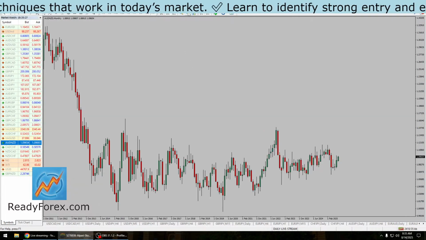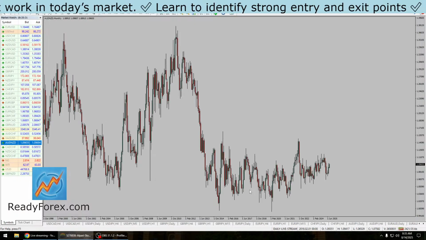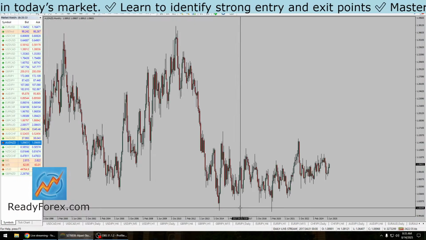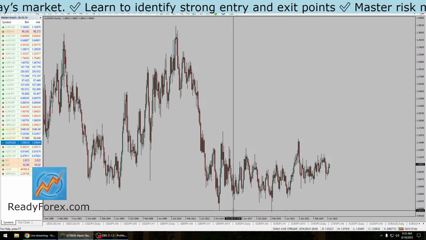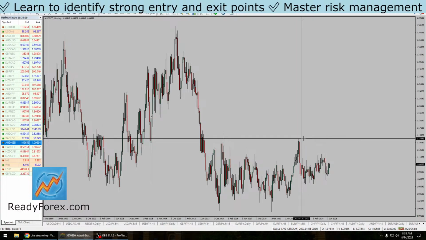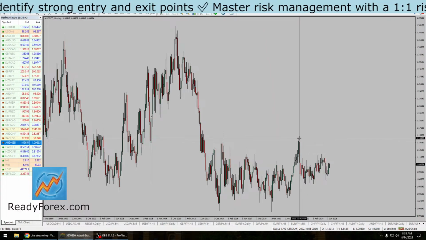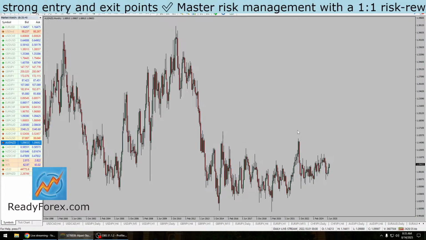Let's see what's going on. Quite a sideways price action. Okay, this was the false break to the downside, then we got a rally. This one probably hit the 0.786 fib level, or maybe a little bit higher.